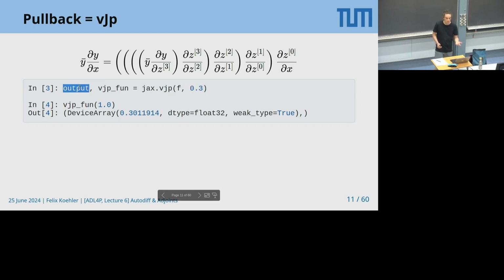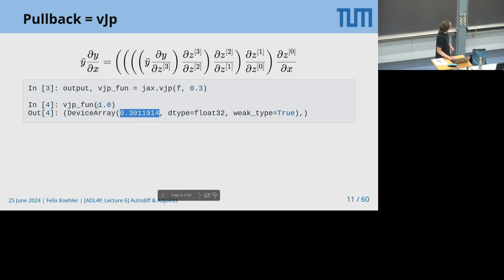It would turn out that this output is, of course, the same value as you also get with the push forward primal propagation. And now, instead of the reversely propagated cotangent, you get another function that you can execute and hand over this starting cotangent, y bar, you might say, and this then gives you another value here.